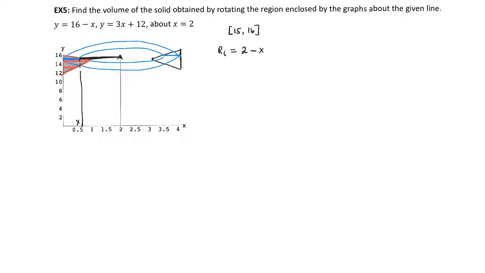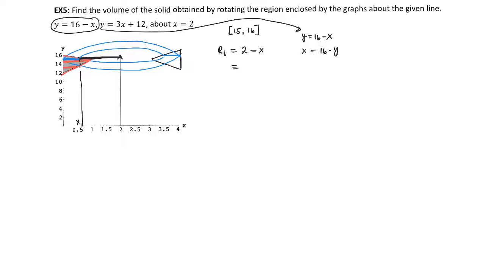As soon as I notice that we're integrating with respect to y, that means that we're going to have to take this function with the negative slope and re-express it in terms of y. But that is as easy as swapping the x and the y terms. If I know that y is equal to 16 minus x, then x will be equal to 16 minus y.